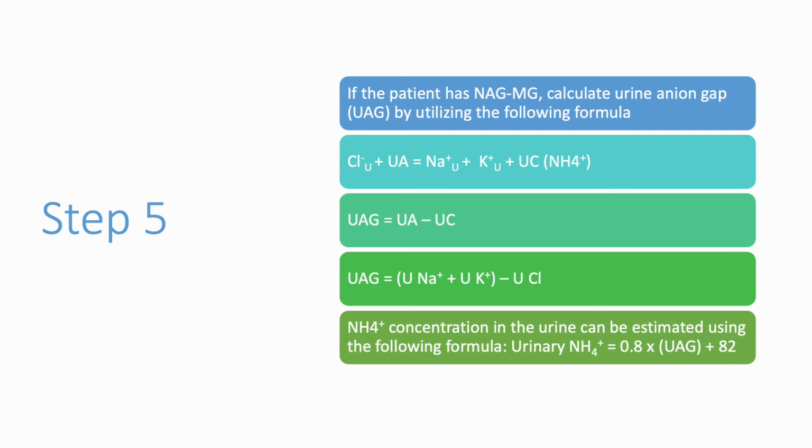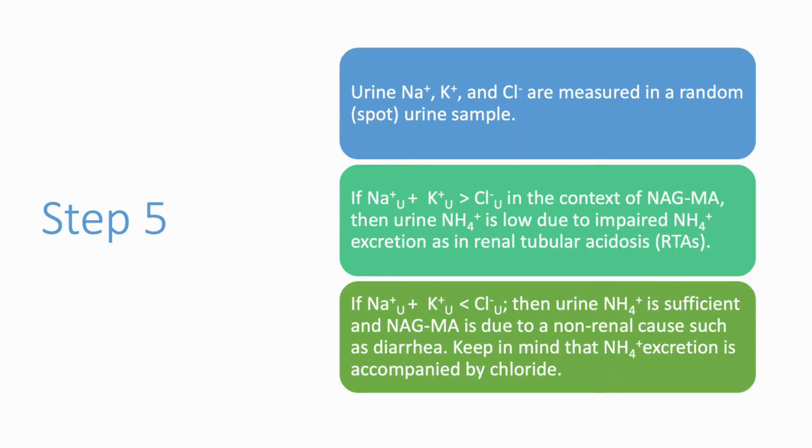Ammonium goes with chloride; they're friends. So if you do an algebraic modification of this formula, the urine anion gap is urine sodium plus potassium minus urine chloride. Based on this, you can estimate urinary ammonium using the formula on the screen. Again, not very accurate. We measure urine sodium, potassium, and chloride in a random urine specimen.